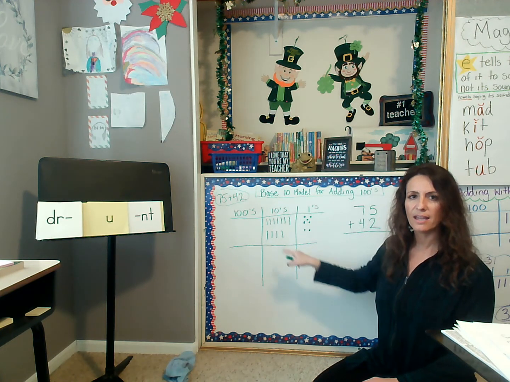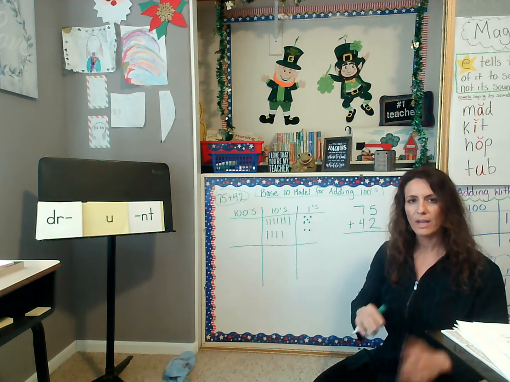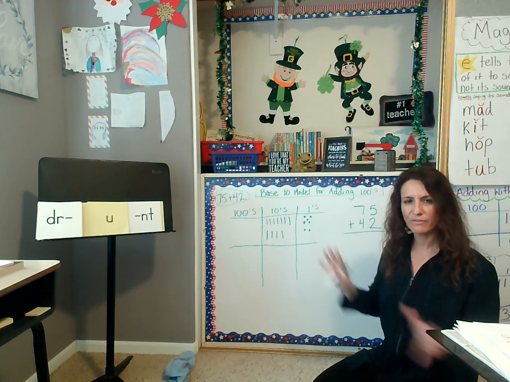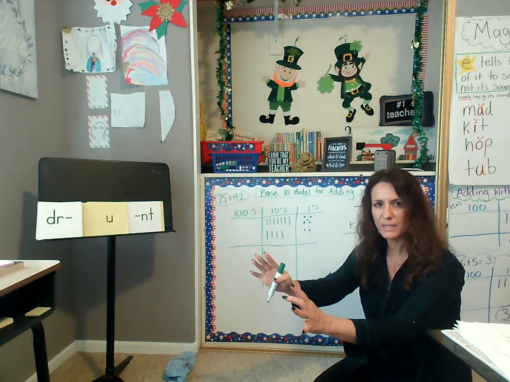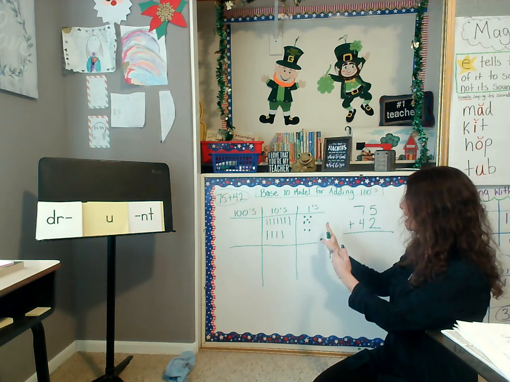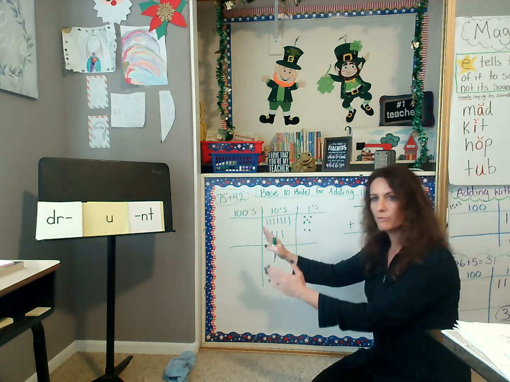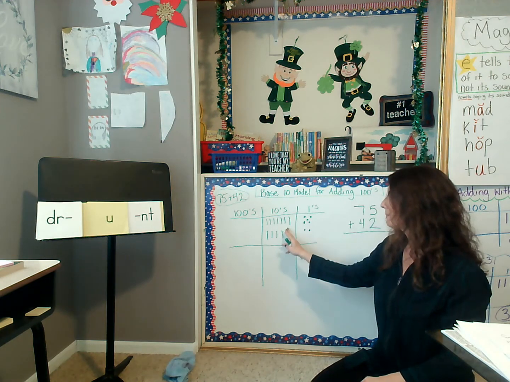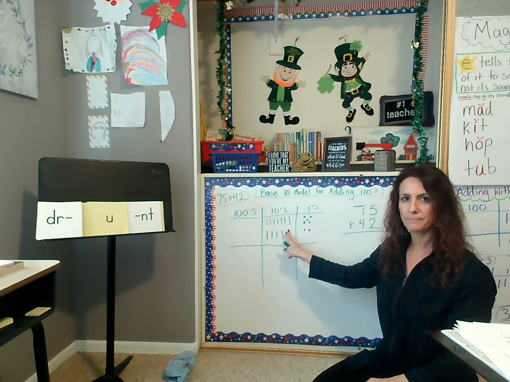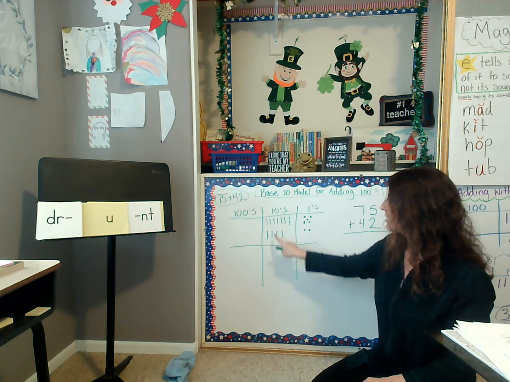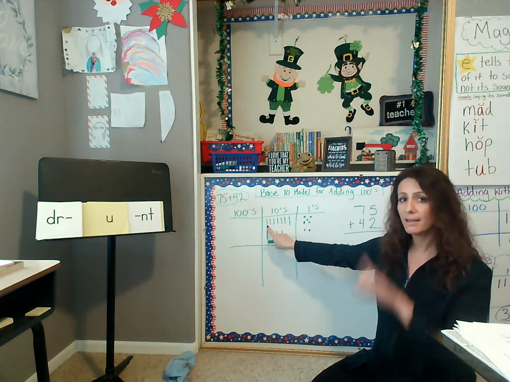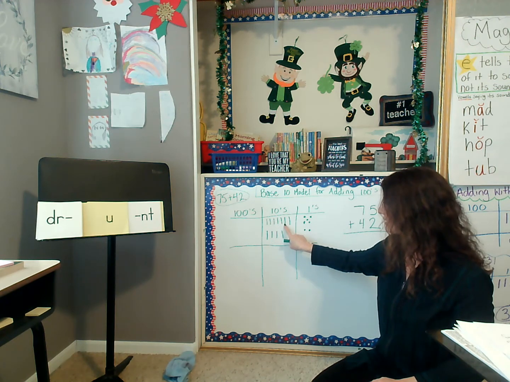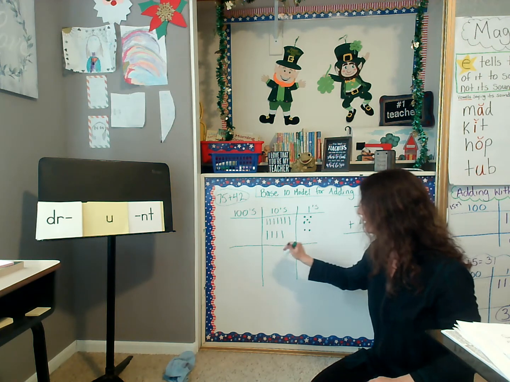110. Okay, so remember the rule when we have a group of 10, we have to regroup it and put it over to the next place value, right? So remember when we have 10 ones, we regroup them and move them over to the 10s. The same rule applies for your 10s. Okay, so what does that look like? So we're going to group up 100 of them. 10, 20, 30, 40, 50, 60, 70, 80, 90, 100.